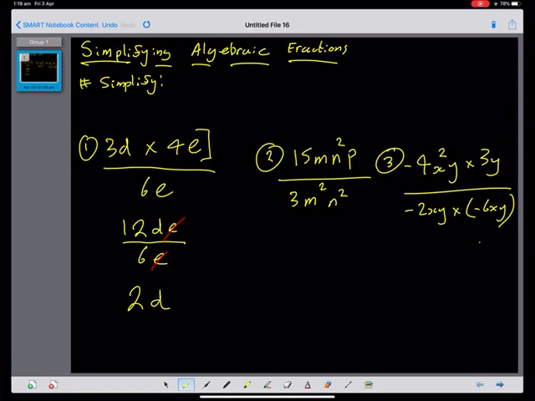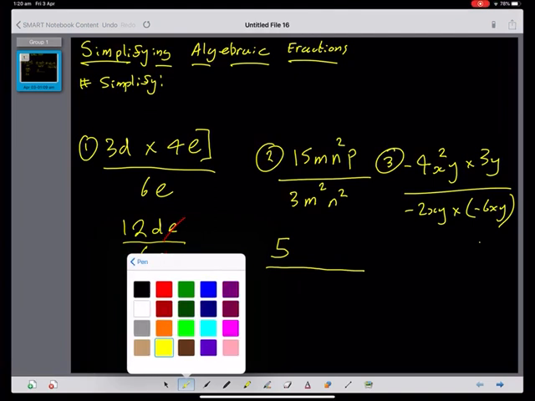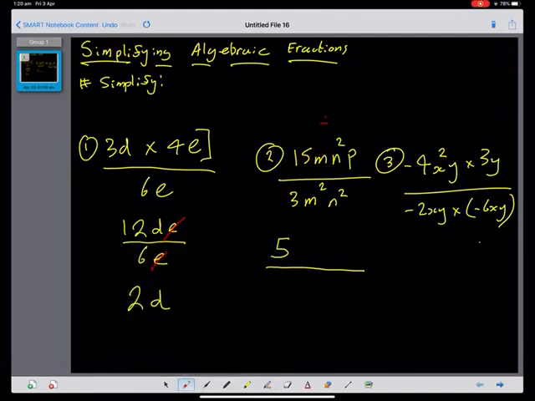Okay, so question number 2. We got 15 divided by 3 is 5. And we've got m over m squared. Well, if we divide numerator and denominator by m, let's do that then.